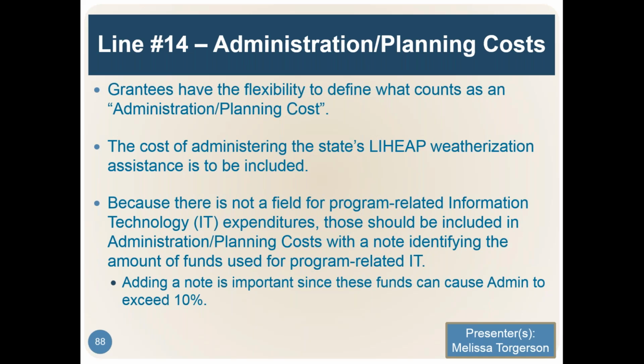We understand this may pop you up and over the 10% admin limit, and that's why that note is especially important, and it would be included in the reports to Congress. But for right now, that's the way that we're asking you all to report it. All IT costs go in admin with a note specifying how much went to program-related IT costs.